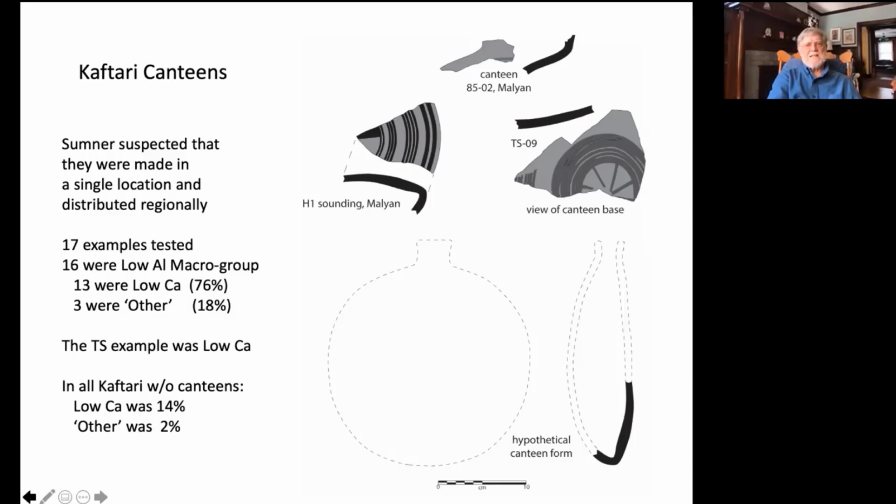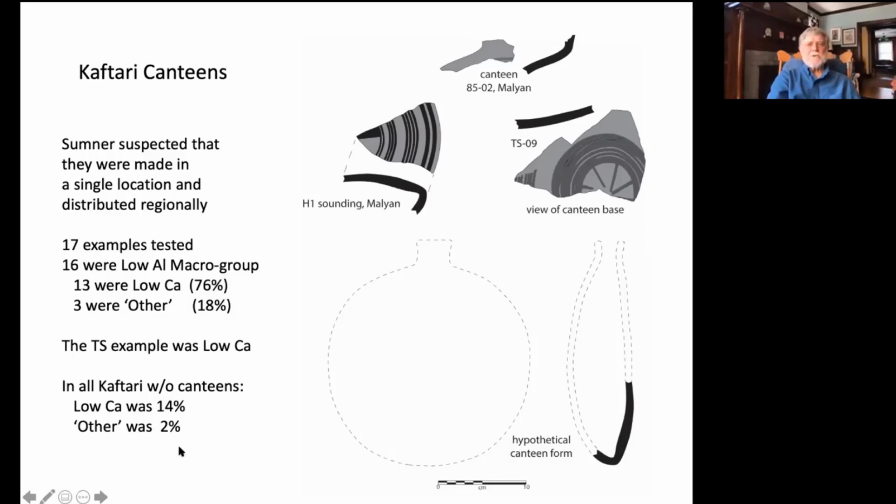They have a very consistent style of design. They're a very consistent shape, and their composition with the low aluminum macro group, low calcium subgroup is reasonably distinctive, and it's not what is typically found at Malian.